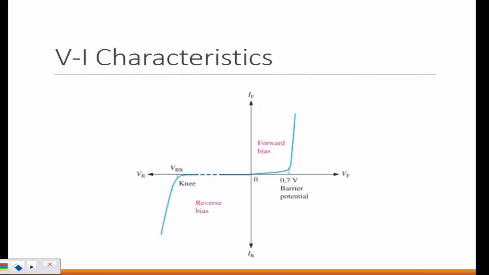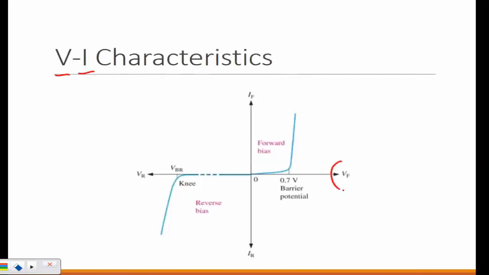So putting both curves together, this is the complete characteristic curve for the diodes, which is referred to as VI characteristics. We will have a lab next class to actually see both of these in the forward bias and also in the reverse bias.